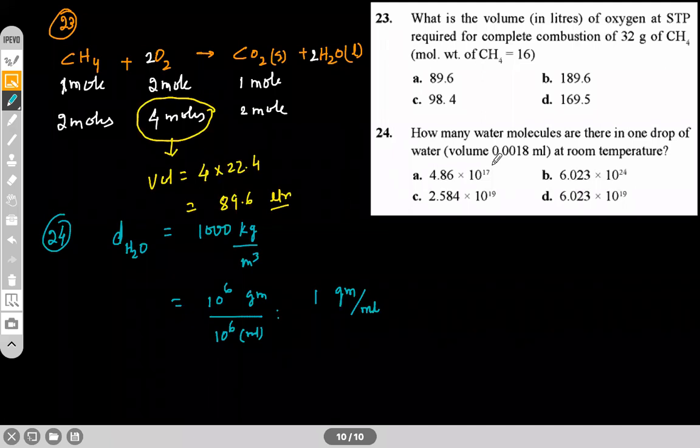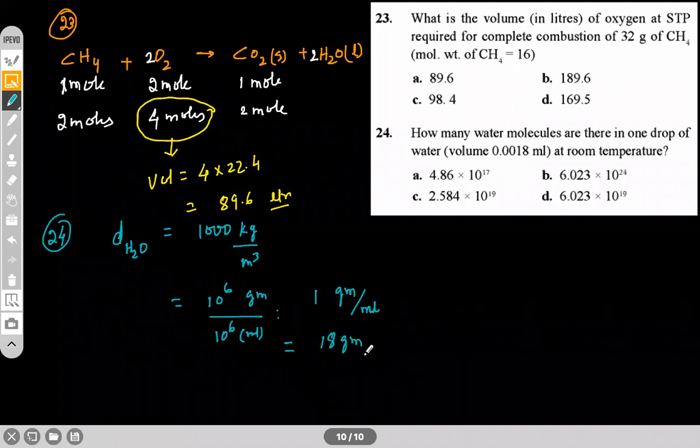Are you getting it? So what I'm telling you is that you try to find out the volume of 1 mole of water molecules. Okay, let's try this. So I have taken this term. So if I multiply 18 in the numerator and denominator, what we get? 18 gram. And why 18?